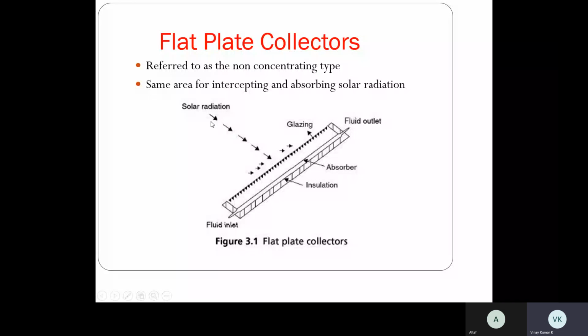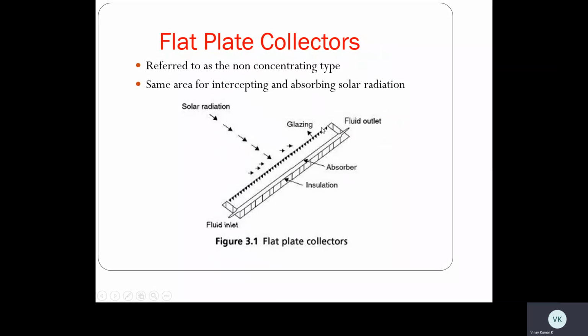This is a picture representation of a flat plate collector. What are the different parts these flat plate collectors can have? It will have insulation, absorber material, and an inlet and outlet for the fluid. Then there is a glazing.